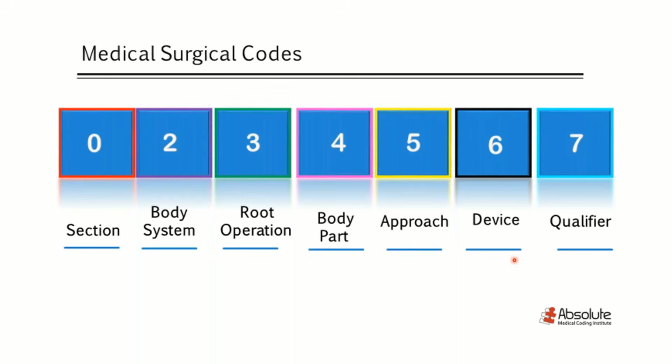This tells you if anything was left in or on the body after surgery. We'll talk more about that too. And finally, your qualifier. The qualifier refines everything. It gives you more information about that procedure. So as you can see, this PCS code is highly granular.